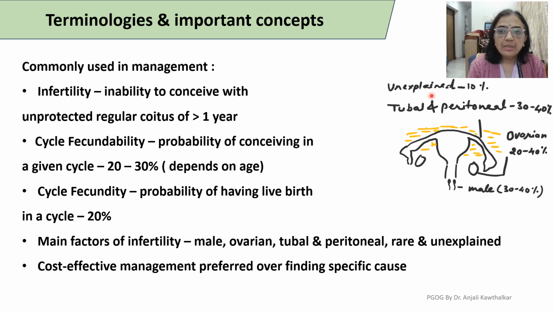Then unexplained is a group responsible for 10% of cases of infertility. This is an emerging concept in modern gynecology: cost effective management is preferred over finding a specific cause, rather than going for extensive investigations and pinpointing the specific cause. Sometimes it is better to initiate cost effective management options.